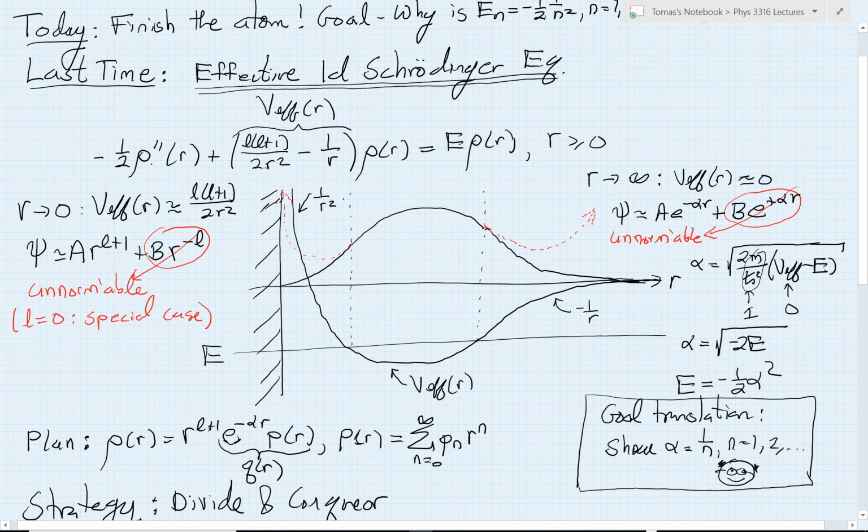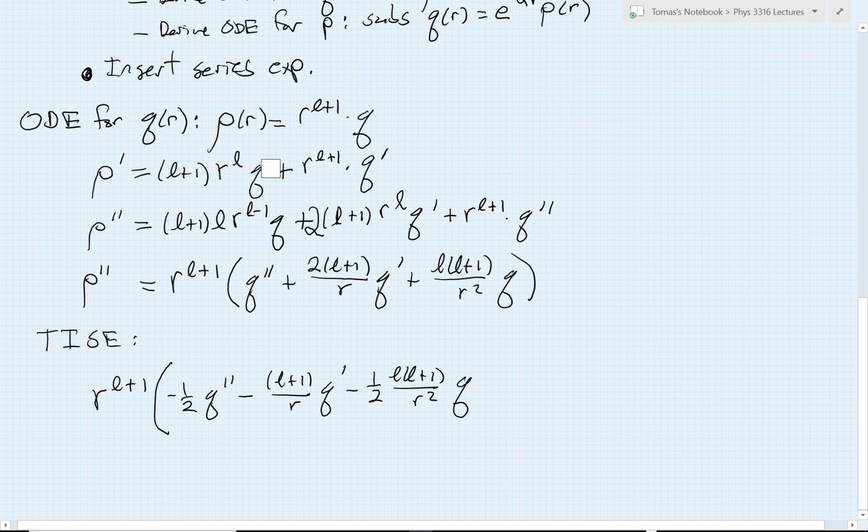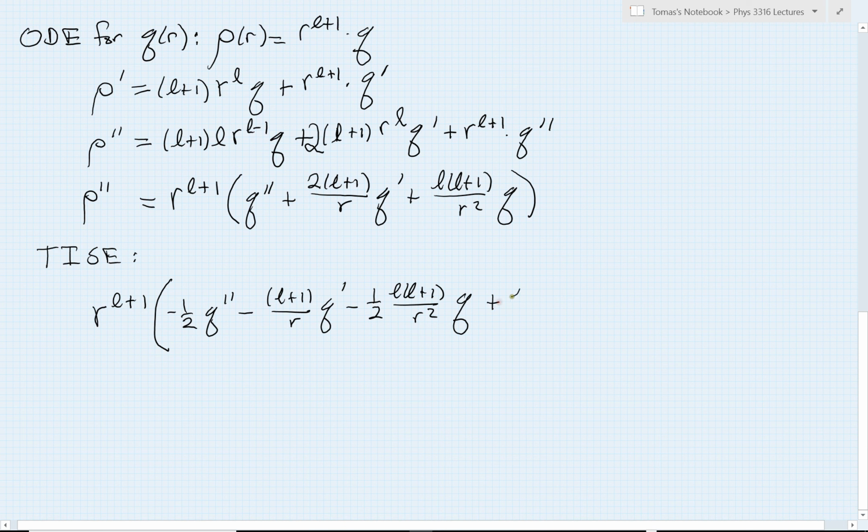I now have these two different potentials that are multiplying rho. So I need these two factors then multiplying R to the L plus 1 times Q. I've factored out the R to the L plus 1, so I just need those two factors multiplying Q. The first factor is my centrifugal potential, which is L times L plus 1 over twice R squared.